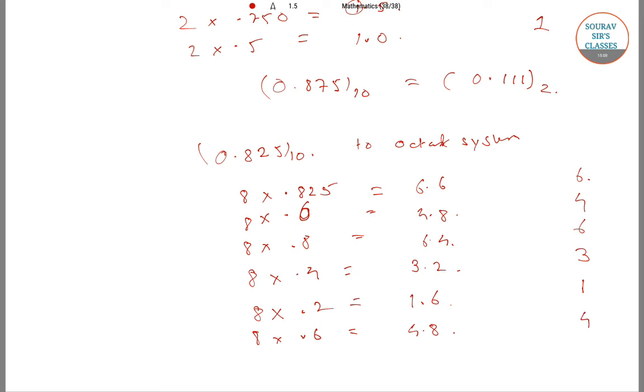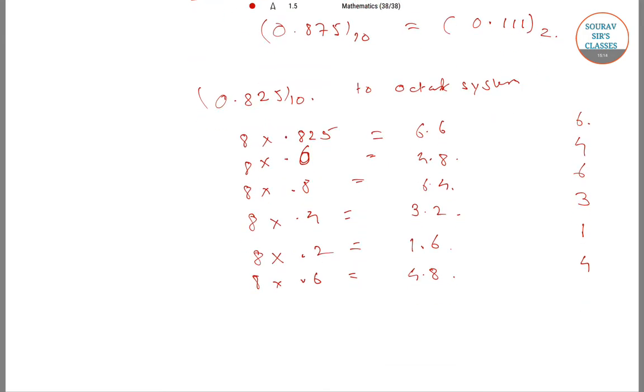Now we can see that it is a recurring number, so it will not stop. So here we will write only up to 5 figures. So 0.825 base 10 is equal to 0.64631 base 8.